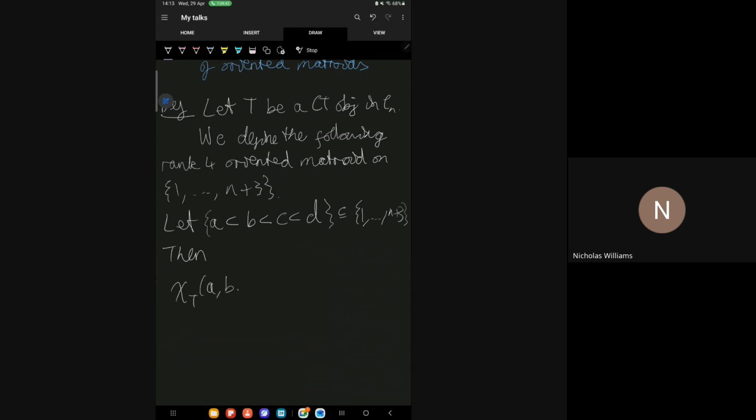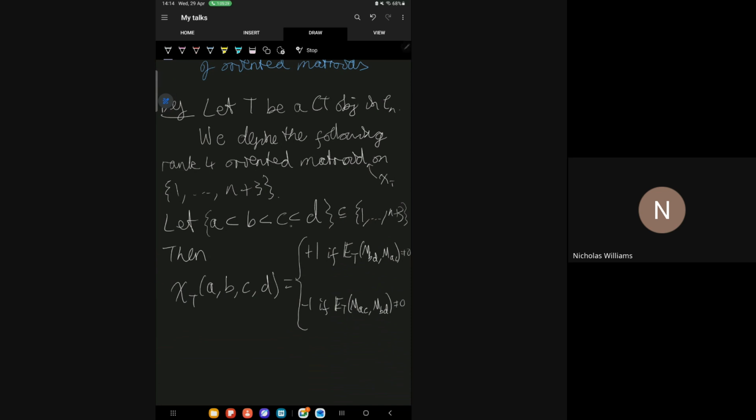So chi_T of ABCD is defined to be +1 if these relative extensions from M_BD to M_AC is non-zero, and -1 if M_AC to M_BD is non-zero.